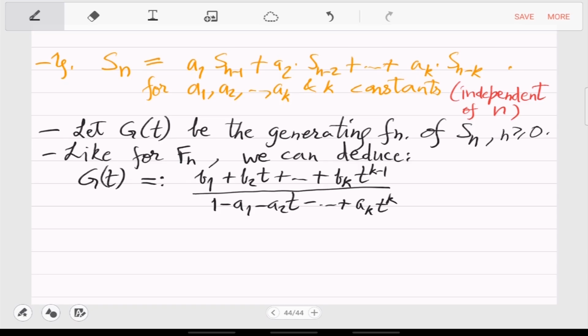AK to the TK. Yeah, that's a minus. And this then you can write by, again the denominator you factorize, you will get k roots, and you can write it potentially as ak raised to, it has to be shifted.